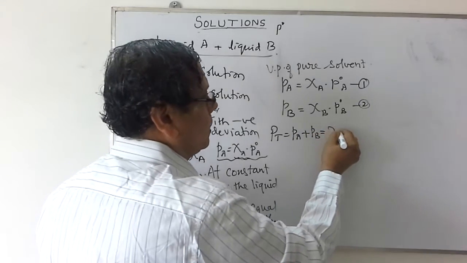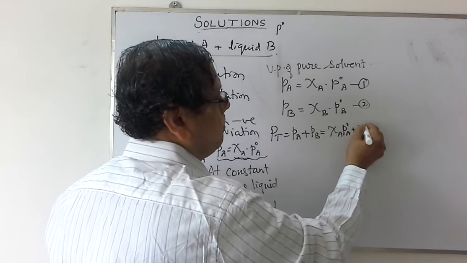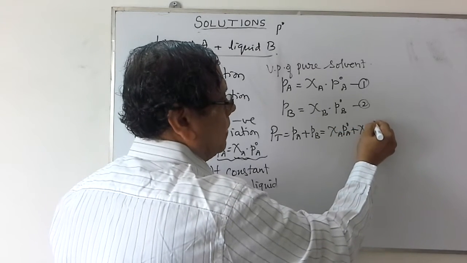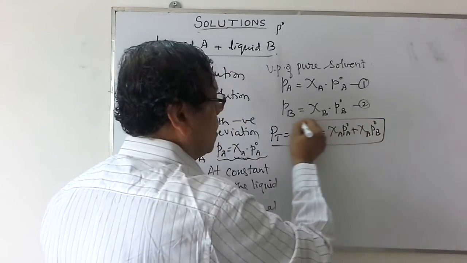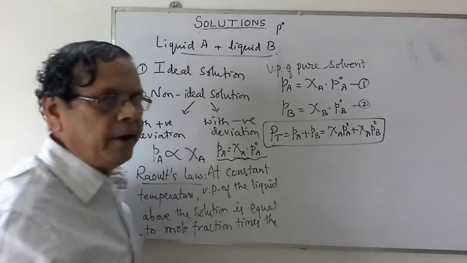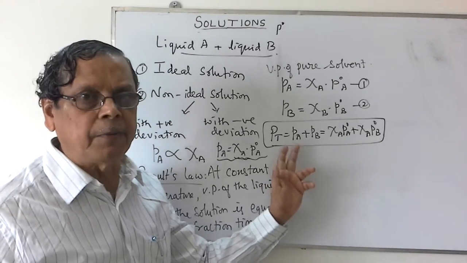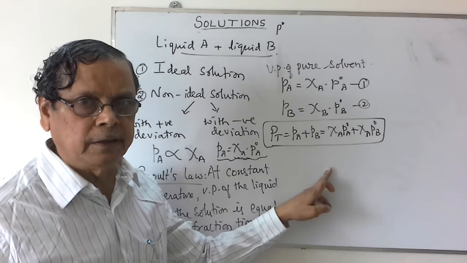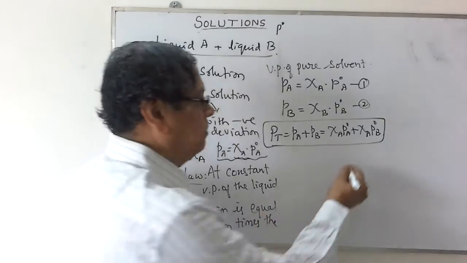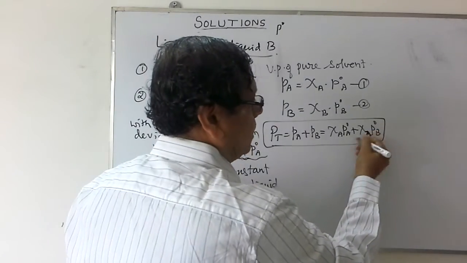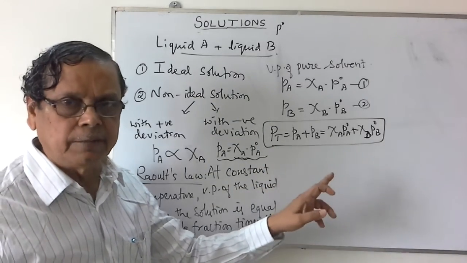That is equal to chi A P0 A plus chi B P0 B. So this is the total vapor pressure of the mixture above the solution, which can be calculated by taking the sum of the partial pressures of the individual vapors. That is, the vapor pressure of the two components can be calculated like this.